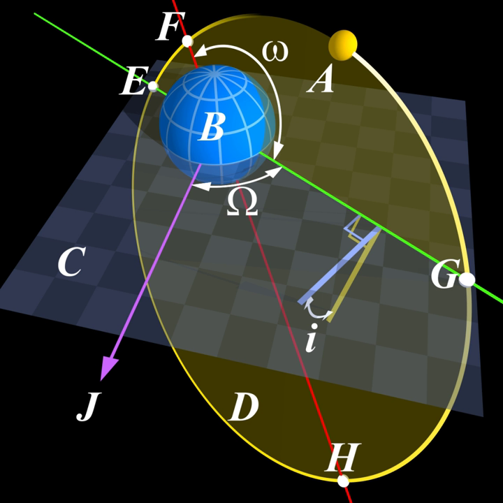Using the relation above between θ and E, the final equation for the distance r is r equals a(1 minus ε cos E).